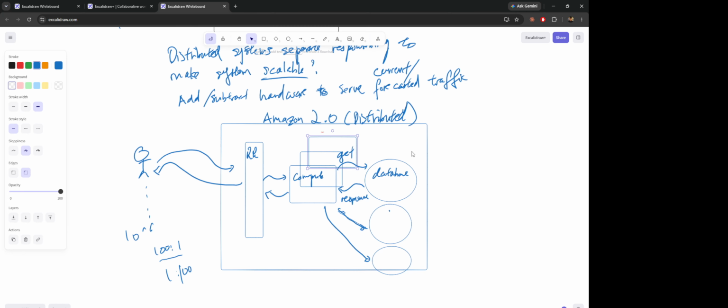So as you can see, if we divide up the responsibility into its own instance, then we can scale out these components individually.